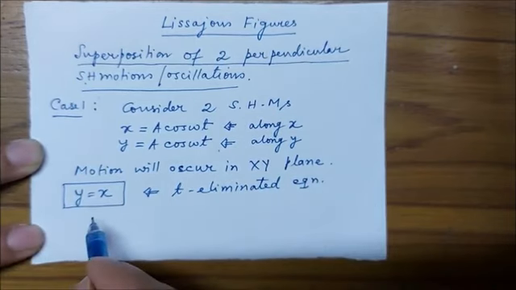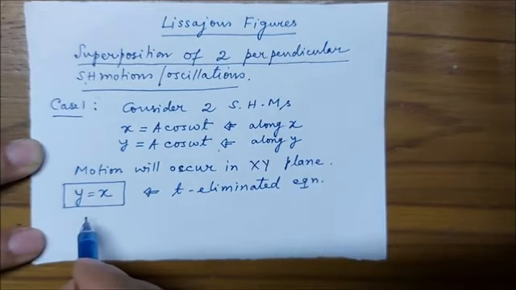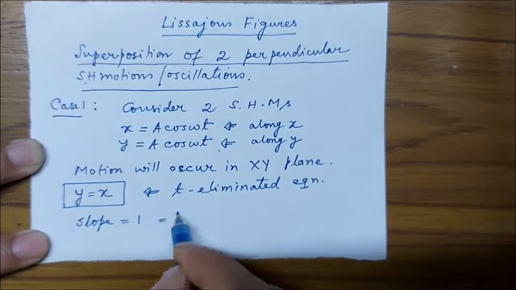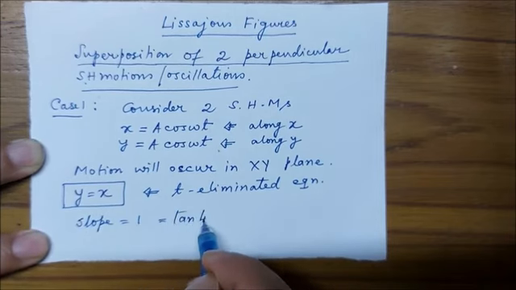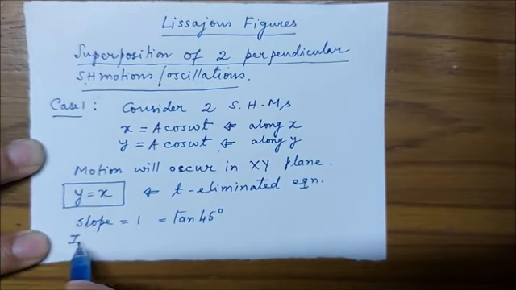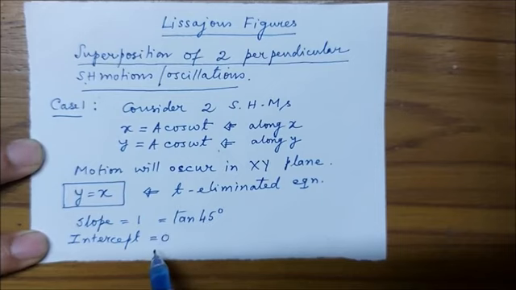And this equation y equal to x represents a straight line having slope unity, and one is tan of 45 degrees, so it corresponds to a straight line inclined at 45 degrees to the x-axis. The intercept is 0, so the straight line will pass through the origin.